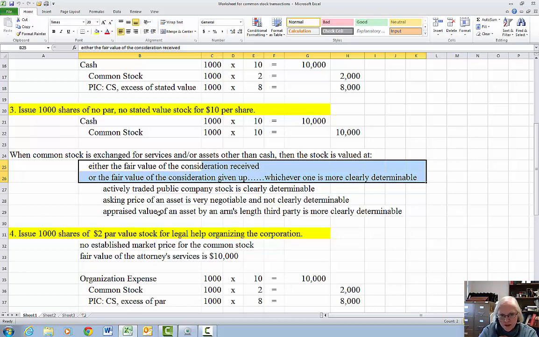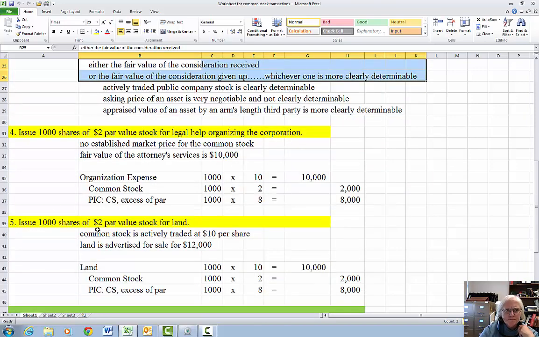The appraised value of an asset, as long as it's by an arm's length third party, would be more clearly determinable than the asking price by the owner. Okay, I hope that was a little bit more clear for you.